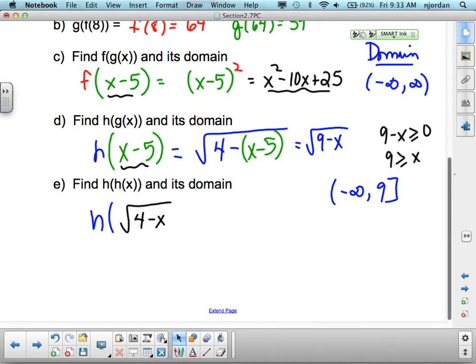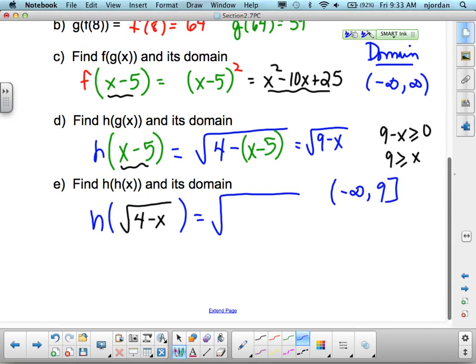Okay, so this is going to look a little strange. So we want to take the square root of 4 minus x and plug it back into the square root of 4 minus x again. Now we can't really simplify that at all, but let's think about what this domain would be. So first off, we have to look at the original input.